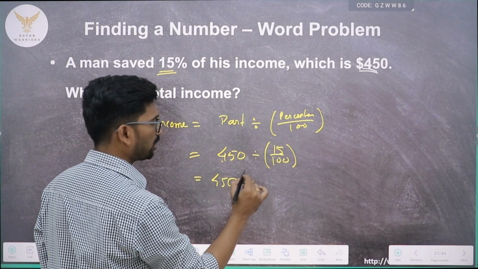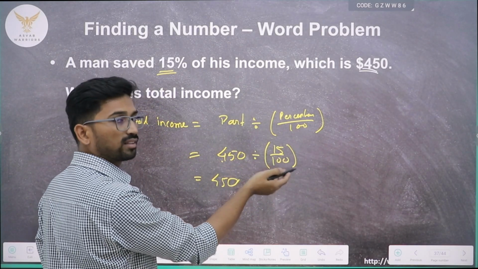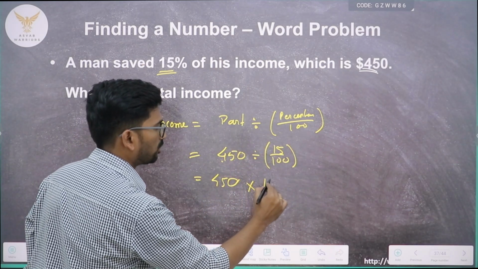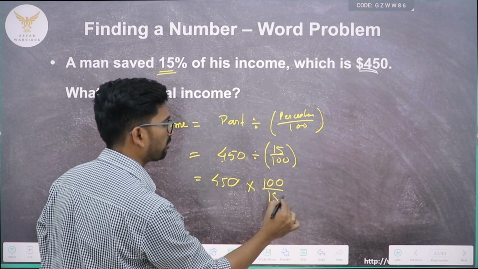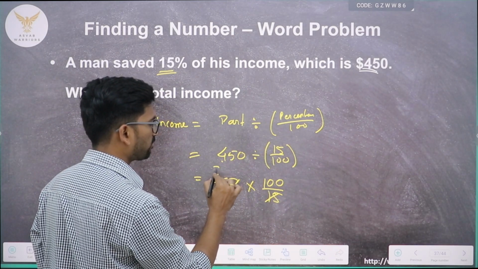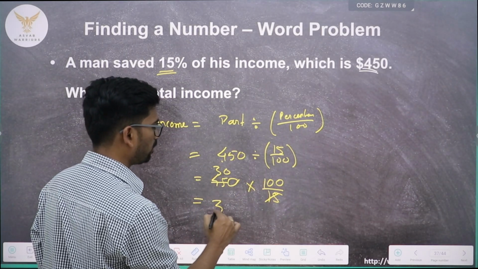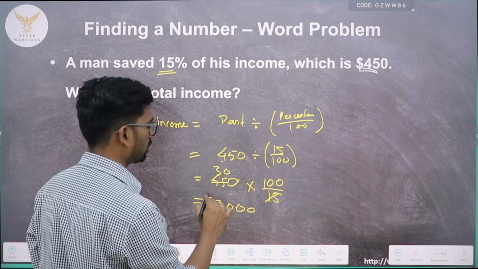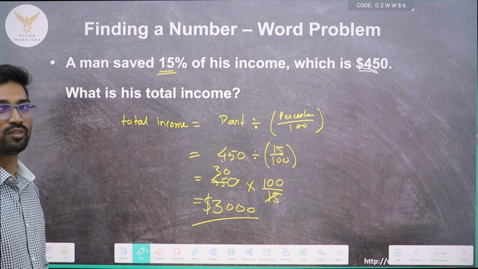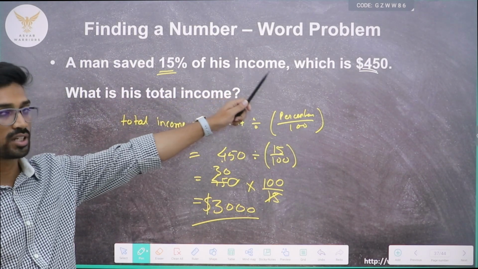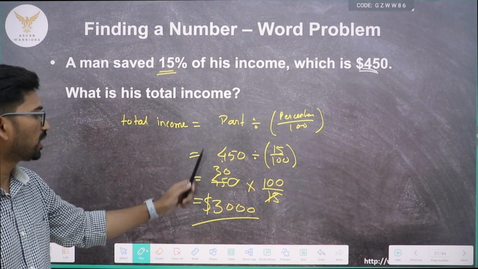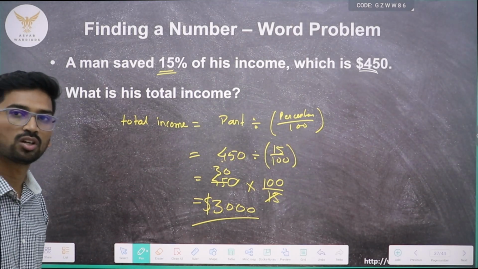So 450 multiplied by, we will take the reciprocal of this, so 100 by 15. So 15 3s are 45, this 0 as it is. 30 into 100 will be $3,000. So we can say if the 15% is 450, then the total income will be $3,000.